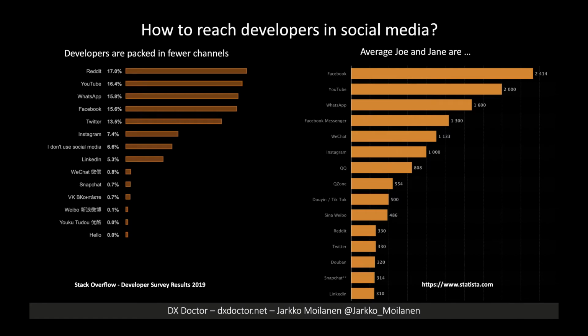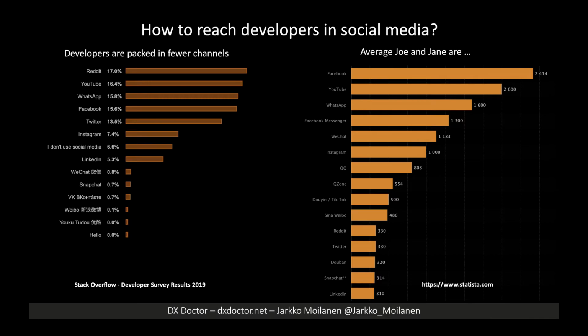But the B2C markets, they are heavily on Facebook, YouTube, WhatsApp, and Facebook Messenger. And for example, Reddit is quite at the bottom for the B2C. So it's partially different channels that work for the developers, but some of them overlap. For example, YouTube seems to be something that both of these segments actually use.